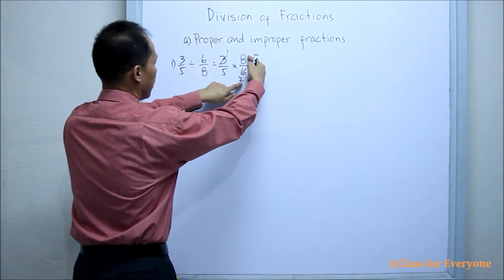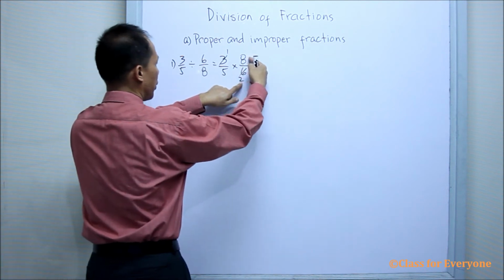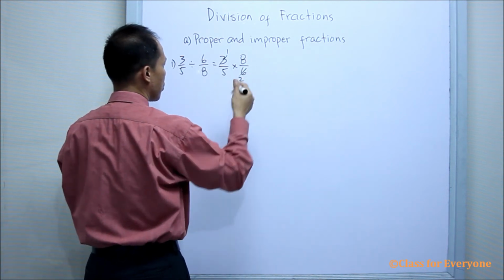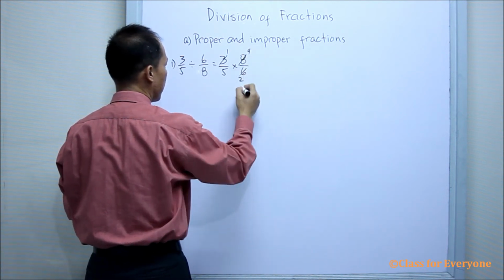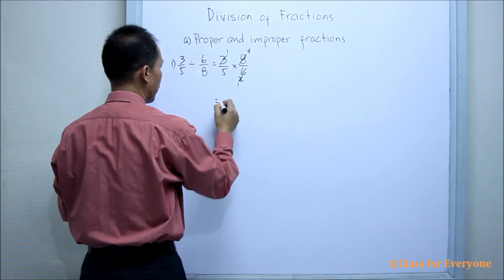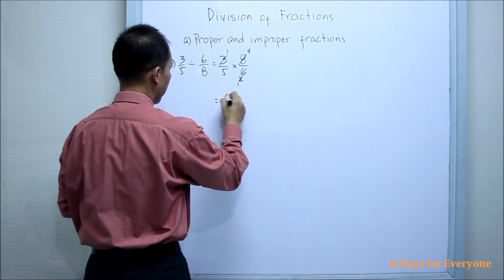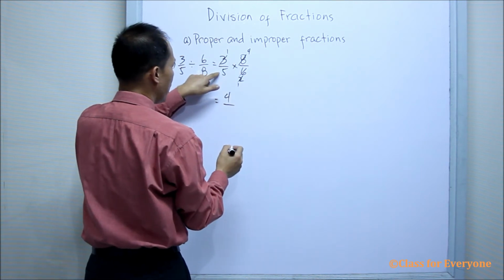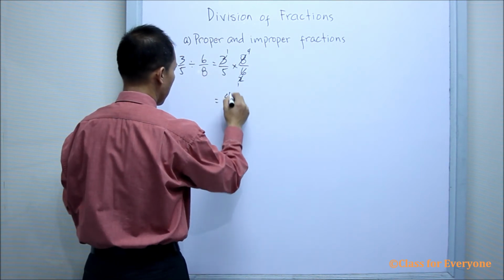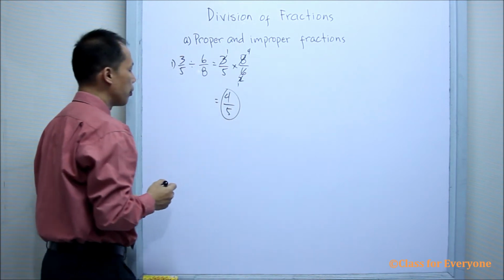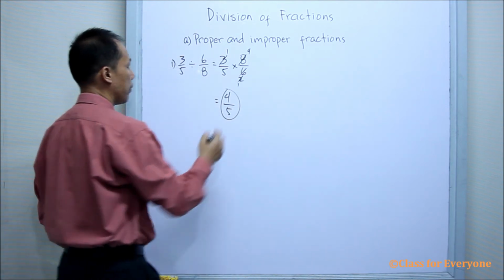There's none here, but there is a common factor. 8 divided by 2 is 4. So this will be 4. This will be 1. So in the numerator, it's just 1 times 4. And then denominator 5 times 1. The answer in lowest term is 4 over 5.